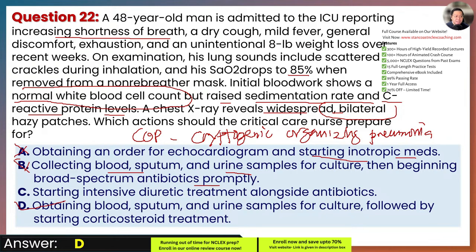All right. Now, what about letter C? Starting intensive diuretic treatment alongside antibiotics is also incorrect. Why? We know that diuretics can remove or treat fluid overload, like in a case of heart failure or let's say pulmonary edema. But this patient doesn't show signs of fluid retention. There's no peripheral edema, no JVD. And this X-ray that we are reading shows pulmonary inflammation.